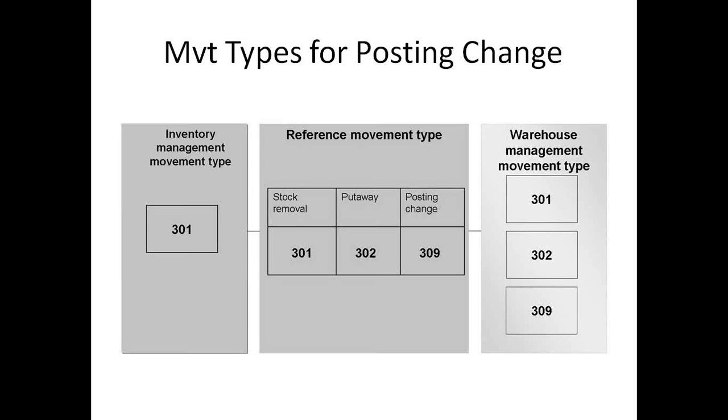So plant to plant transfer posting we have, right? For this kind of transfer posting activities in IM and WM, there are always three movement types as options: 301, 302 and 309, depending on the combination.